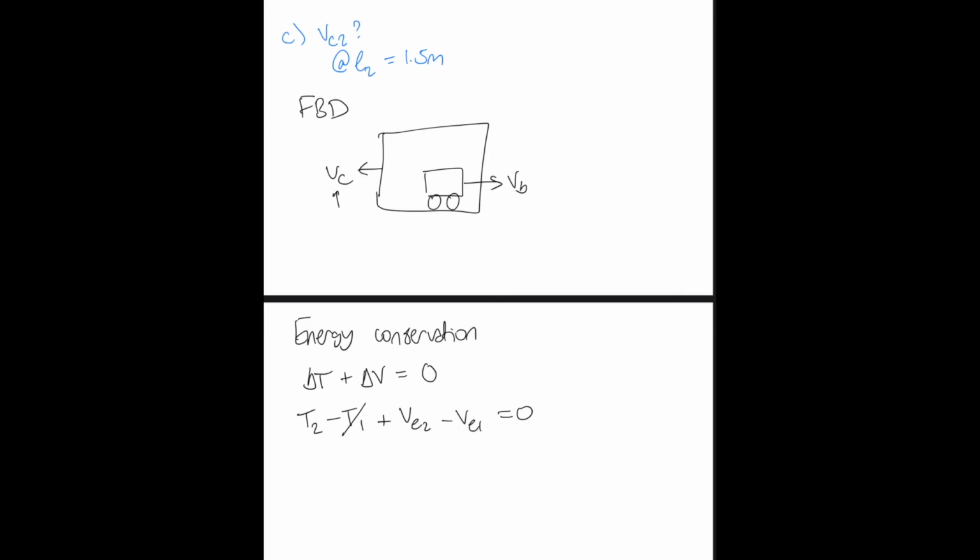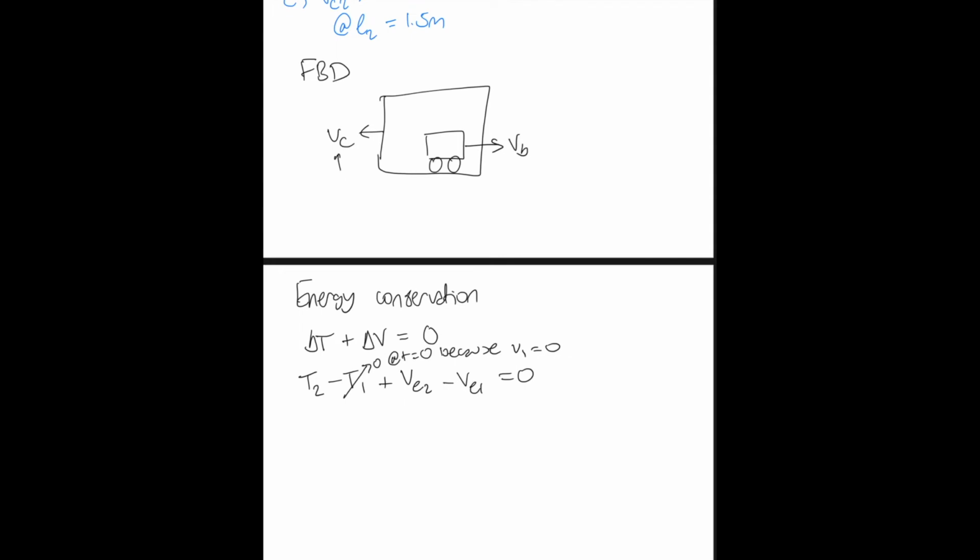Now T1 is 0 because V1 is 0. Initially, it's at rest, so there's no velocity. So T2 is going to be equal to half mb vb squared plus half mc vc squared.